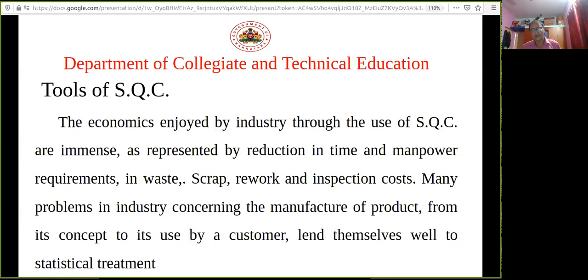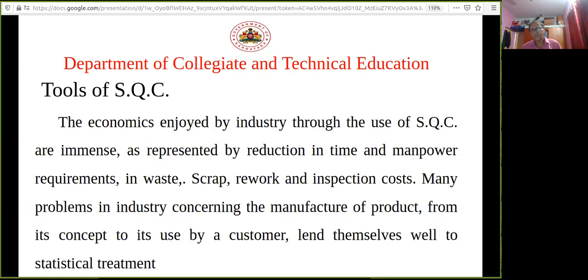So because of the use of the statistical quality control tools, the company enjoys these factors: reductions in the time, manpower requirements, and wastage. There is no waste of material, no scrap, no rework, and naturally the inspection cost is less. So it has been enjoyed.